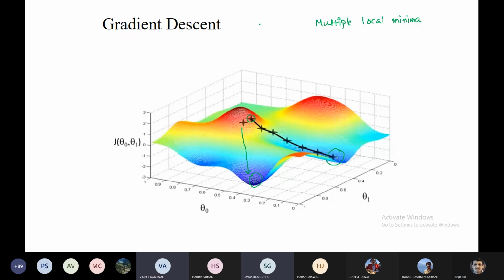No. What I'm trying to say is that if this is a convex thing, and this is not, I'm just saying for one univariate, that means if you are here, and this is the local minima, and here it is another local minimum. We want J to be as close to zero as possible?